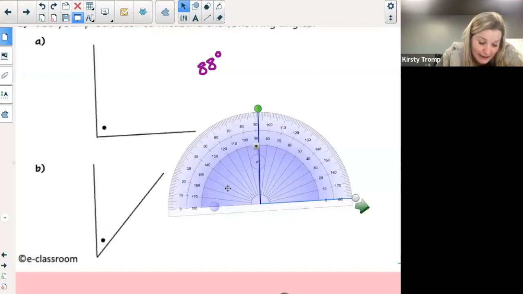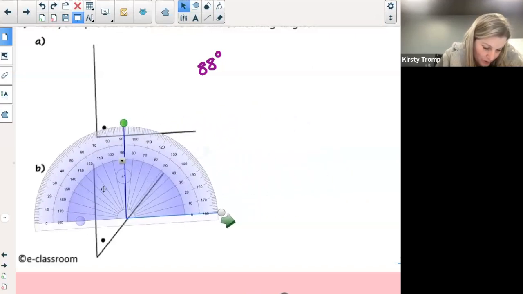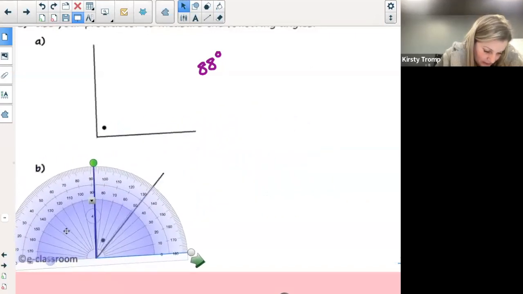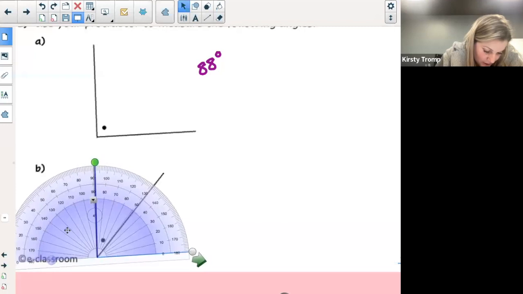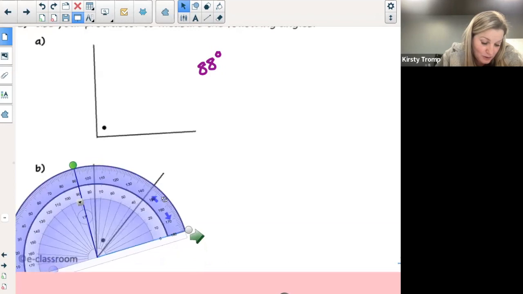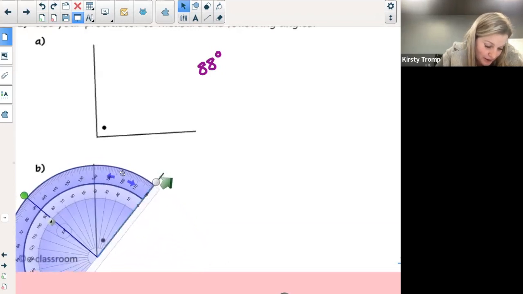All right, my next angle, I put my protractor on the vertex. Uh-oh, I've got a problem. I need to line up my baseline with the line of my angle. So there we go.